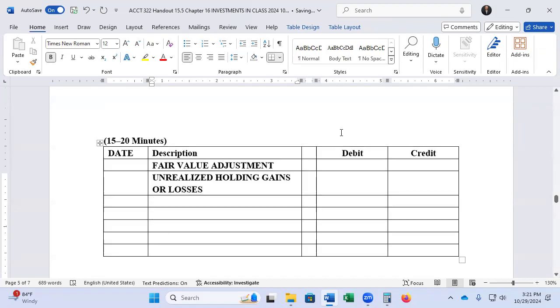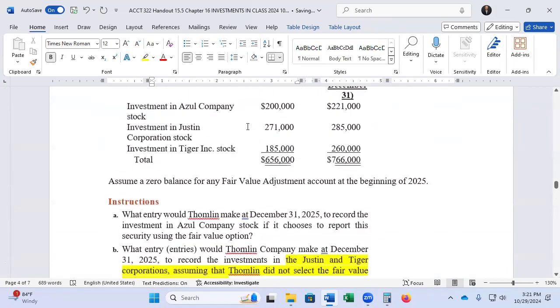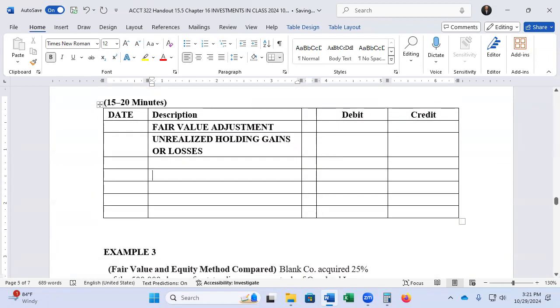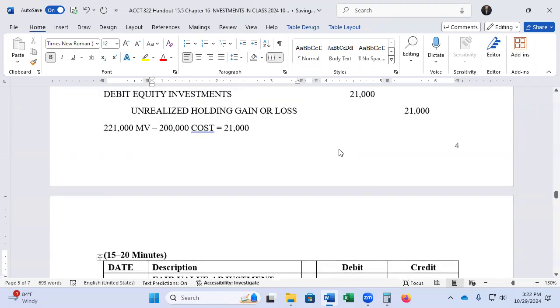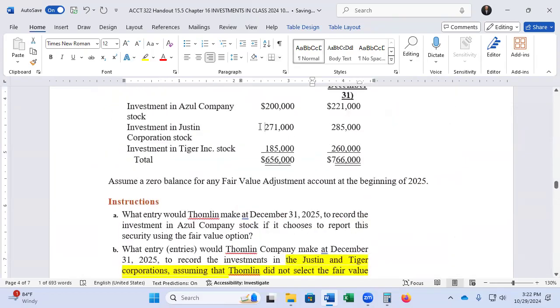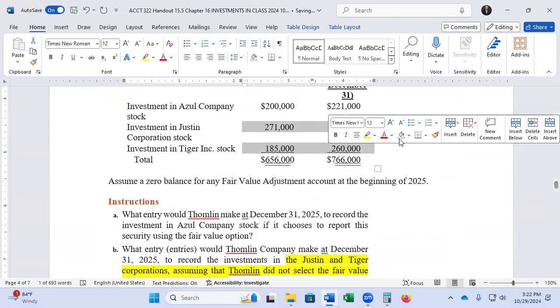And we go back up and we calculate. So for Justin Corporation stock, it's 285 minus the 271,000. And then for Tiger, 260,000 minus 185,000. And there's these 4 boxes are where I got those values.